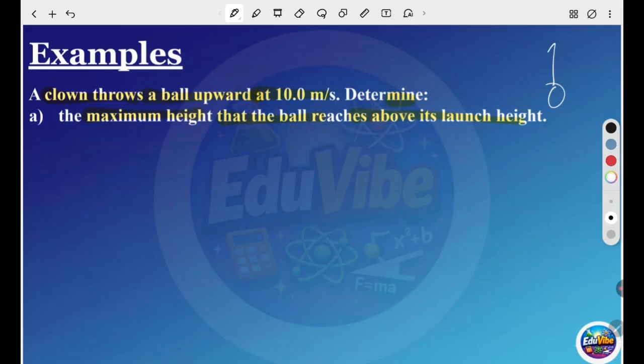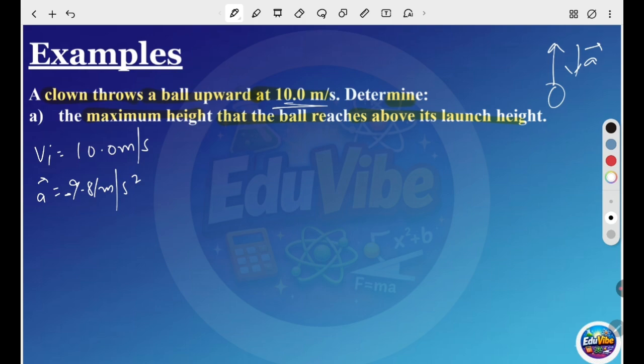So the ball is thrown in the air with that initial velocity, 10.0 meter per second, and acceleration comes in the opposite direction due to gravity, which is 9.8 meter per second square, but this should be negative because it acts downwards.